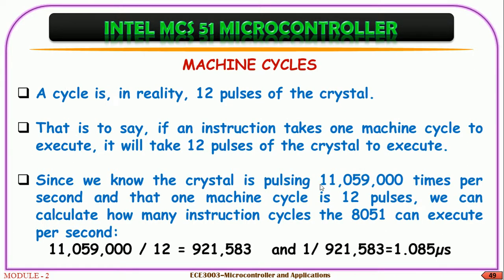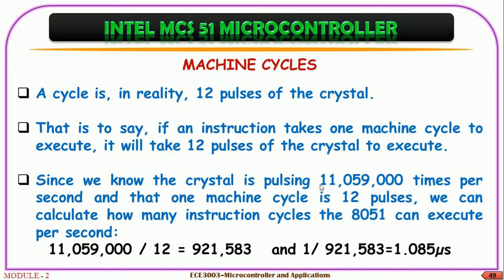A cycle is in reality 12 pulses of the crystal of the 8051 microcontroller. That is, if an instruction takes one machine cycle to execute, it will take 12 pulses of the crystal.